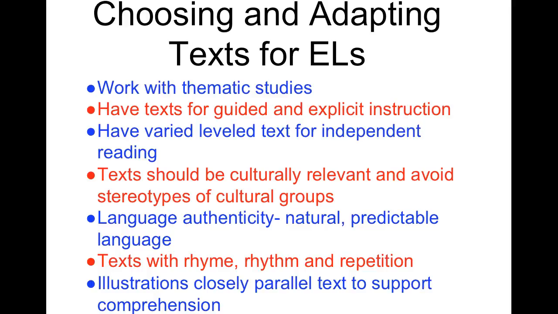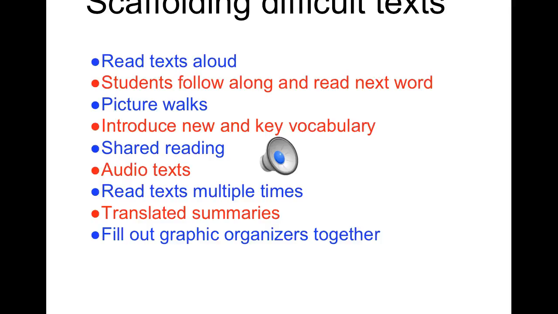And once again, illustrations should be very supportive of what the text is trying to convey. So let's talk about those scaffolding techniques and strategies. For difficult texts, definitely read-alouds are very helpful.